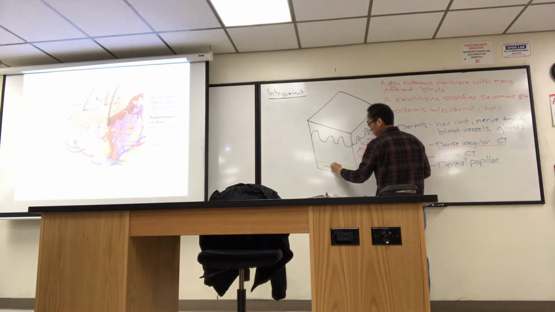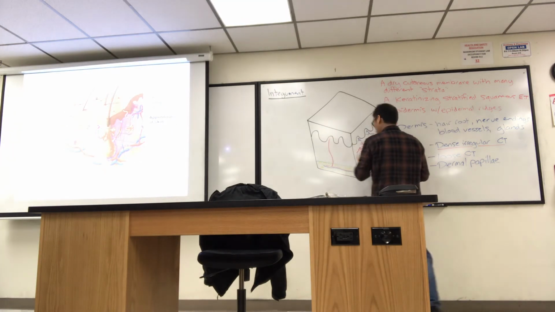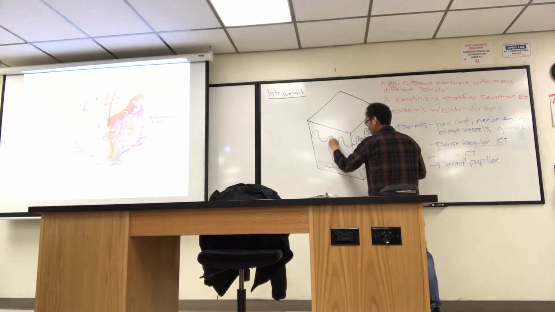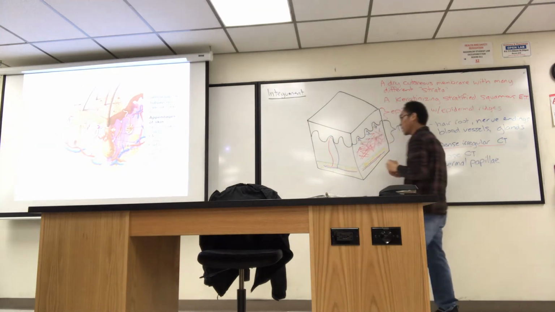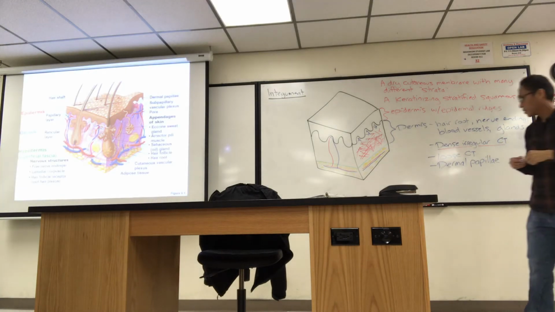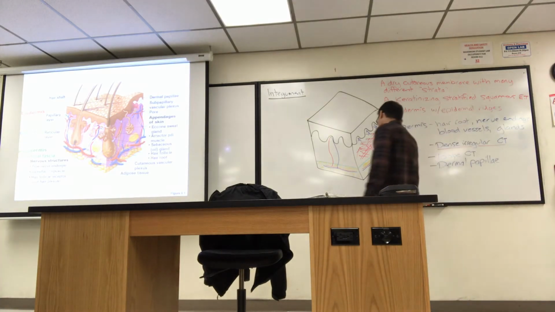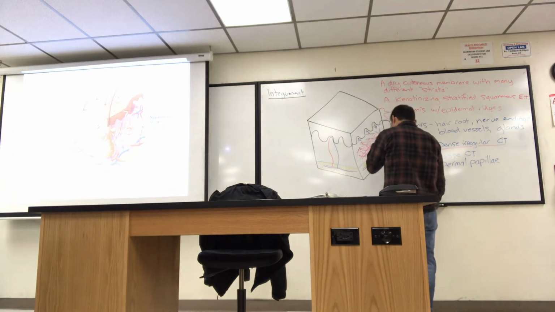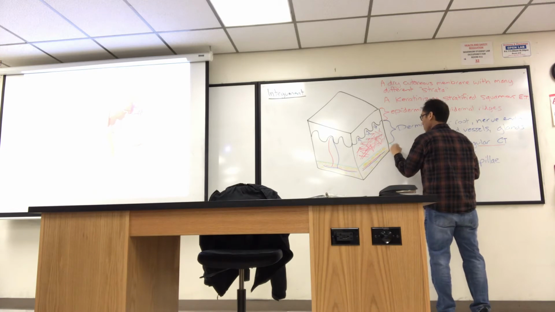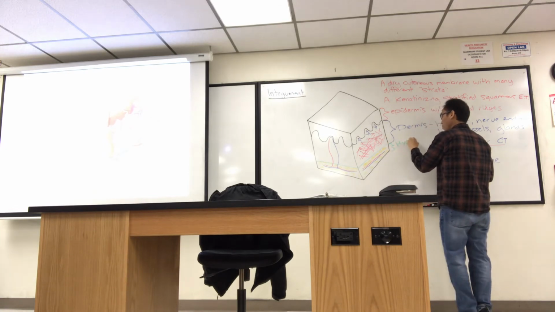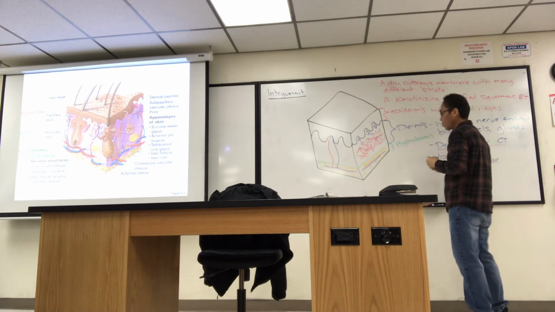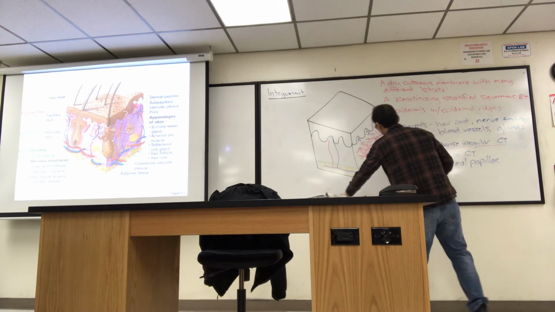The artery will send up a little branch, you have some gas exchange, and then the vein will take the deoxygenated blood back. This layer is the hypodermis, the deepest layer.